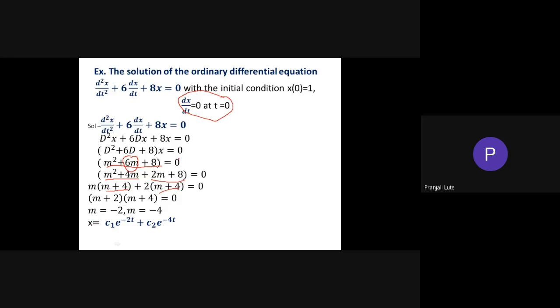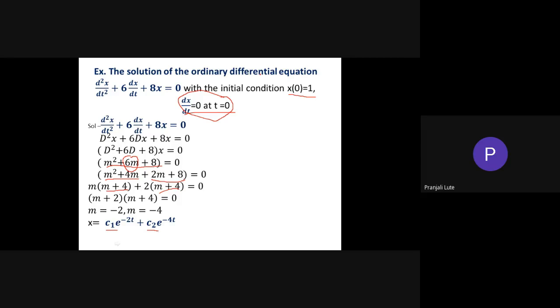Next we observe that the initial conditions given here are x of 0 equal to 1 and dx upon dt equal to 0 at t equal to 0. With the help of these two initial conditions, we have to find the values of the constants C1 and C2.